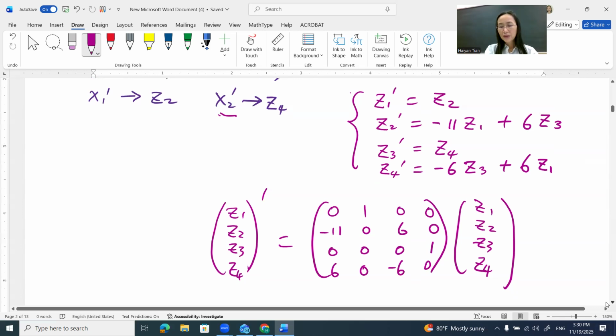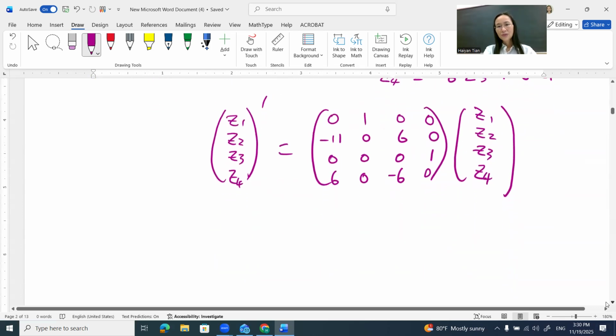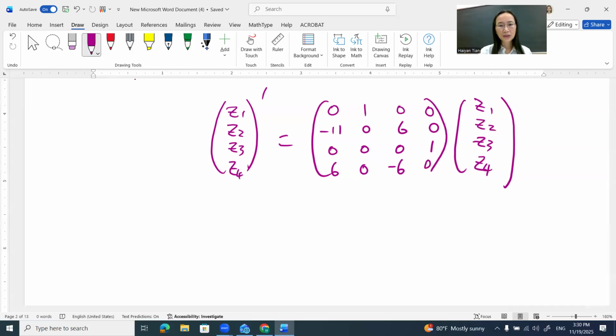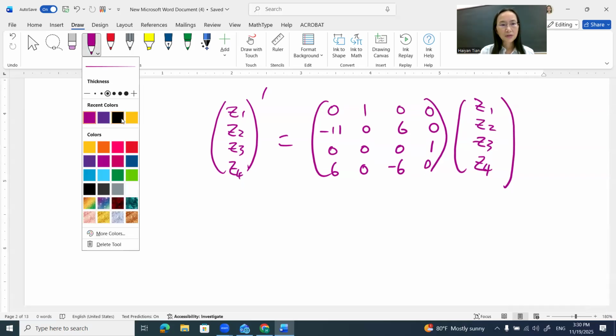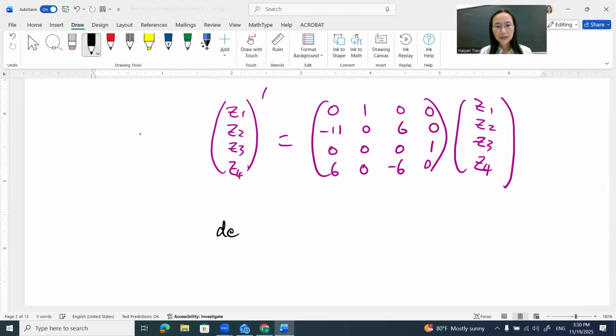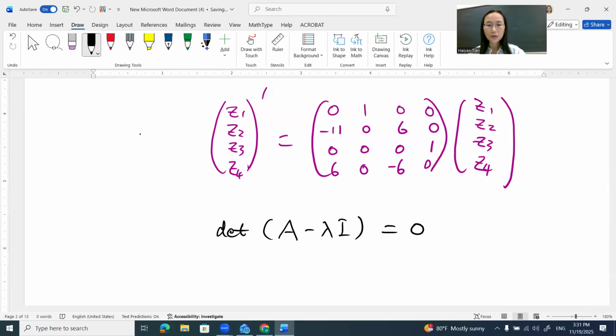And then we want to find the eigenvalues of the system using linear algebra. So we want the determinant of this matrix A minus lambda I to be 0. That's the characteristic equation. So how do we find all the eigenvalues?